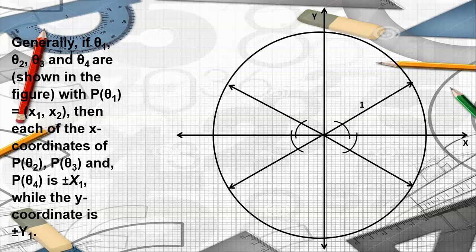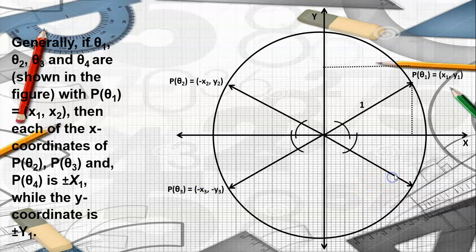Of course our radius in the unit circle is 1. So we have P of theta 1, x sub 1 and y sub 1, and then we have here P of theta 2, negative x sub 2 and y sub 2. And then we have here P of theta 3 equal to negative x sub 3 and negative y sub 3.